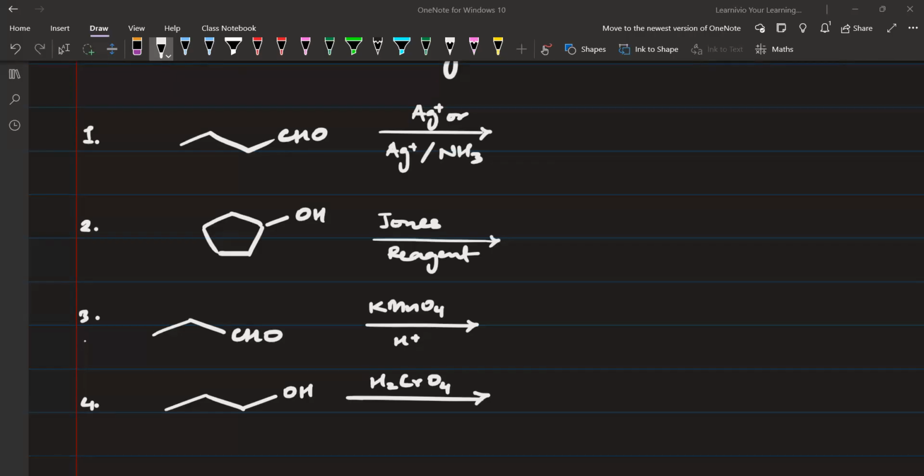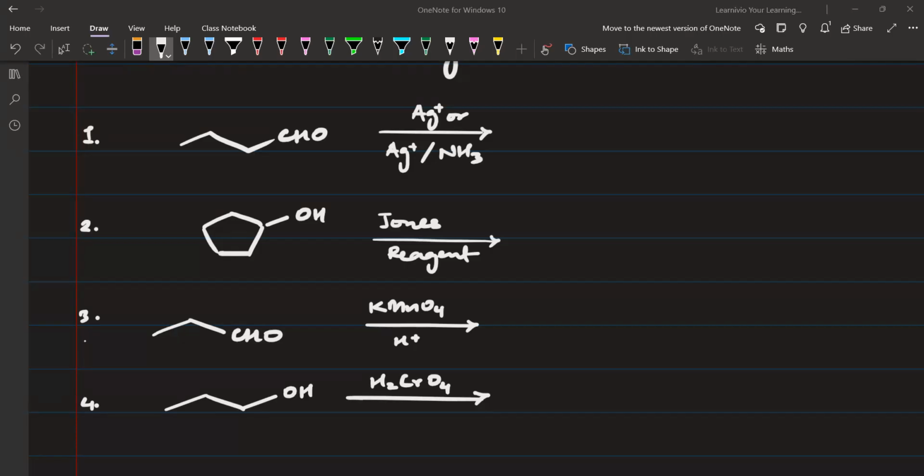It's good that you remember that Jones reagent, when it is added to 2-degree alcohol, will convert it to ketone and not to carboxylic acid.